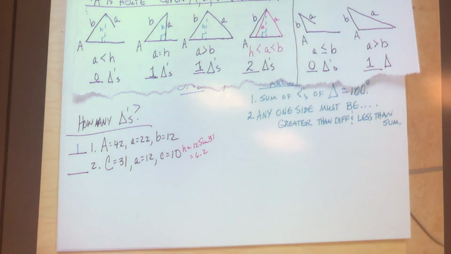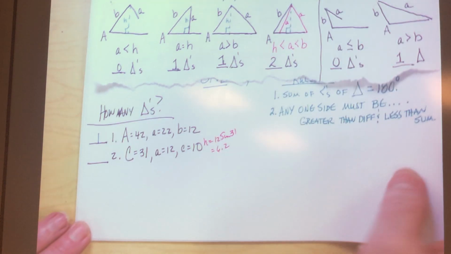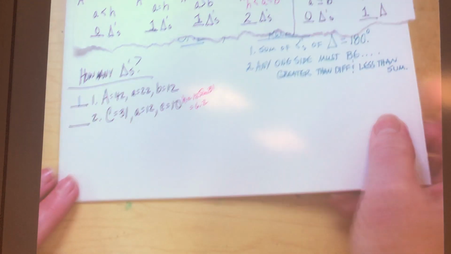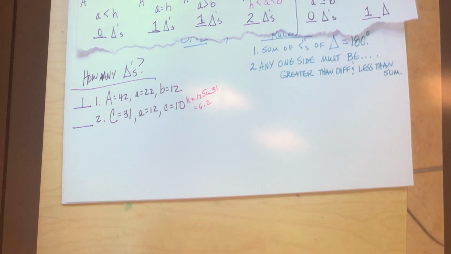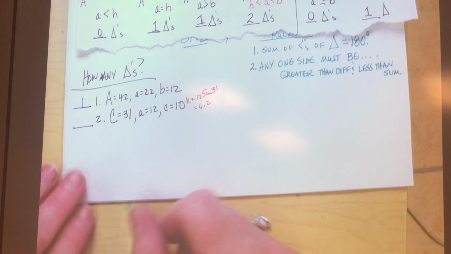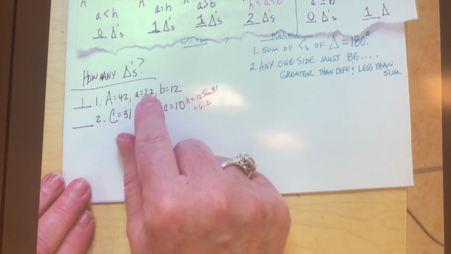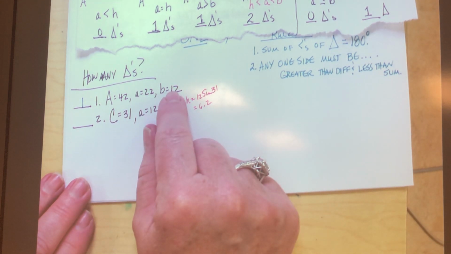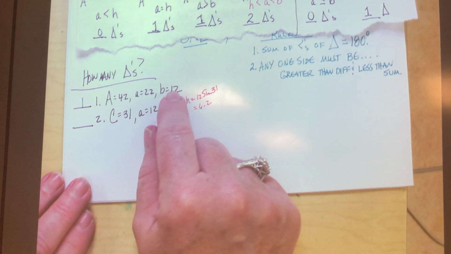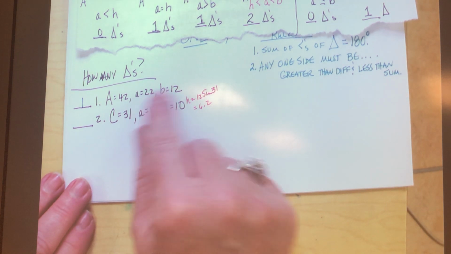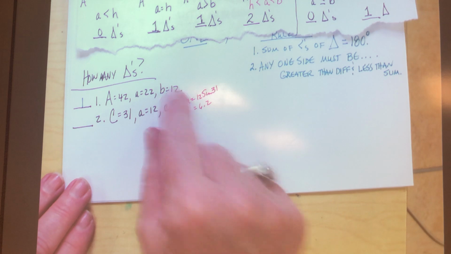that's the only time we can make two triangles. So here's what I'm going to do every time, guys. I'm going to say it this way one time, and that's all. The rest of it you have to figure out by yourself. If this side, the side that goes with the pair, is bigger than the other side, that's one triangle. I can move on. If this side is not bigger than this other side, I have to find the height.